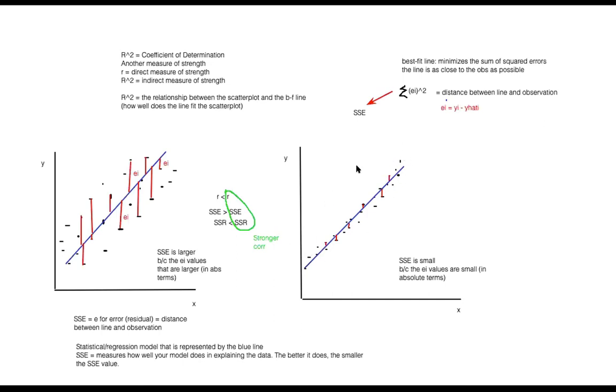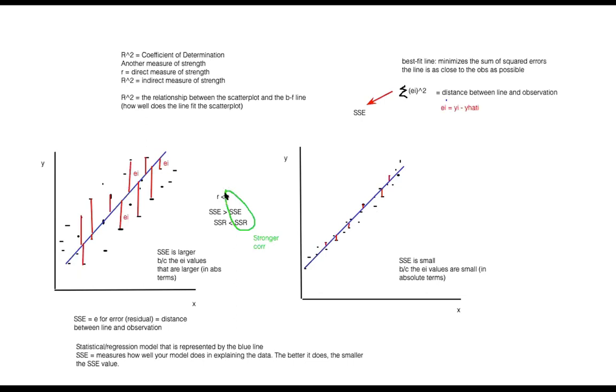The tighter the scatter plot, the closer your best fit line, which represents your regression model, will be to the dots, the observations on the scatter plot. So that's why R is larger, closer to 1.